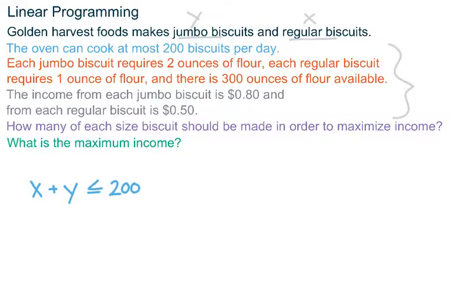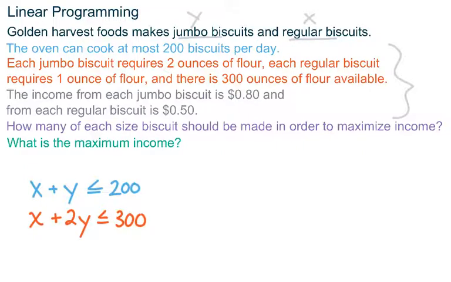We also know our quantity of flour. We only have 300 ounces total, 2 for each jumbo and 1 for each regular. So I'll say 1x plus 2y must be less than or equal to 300.